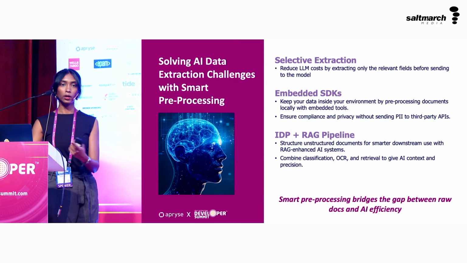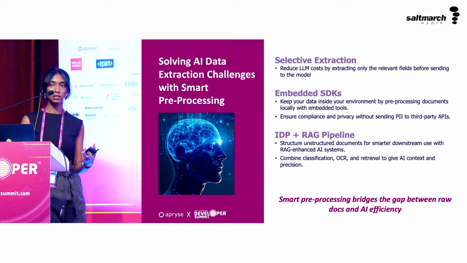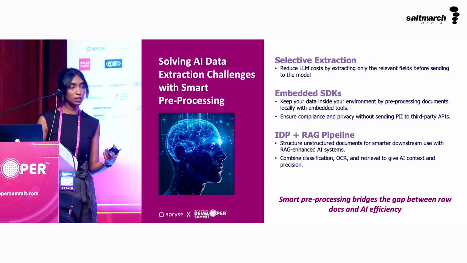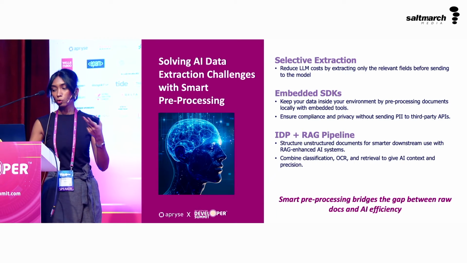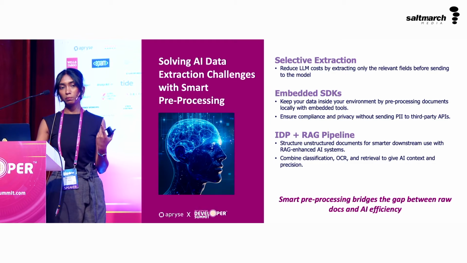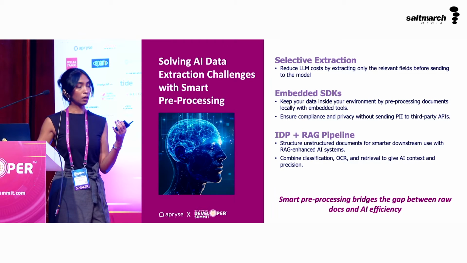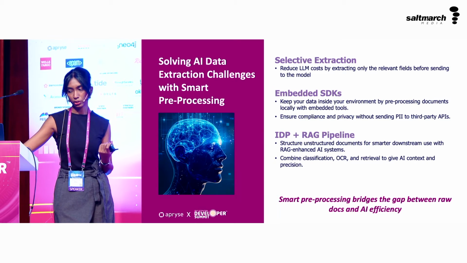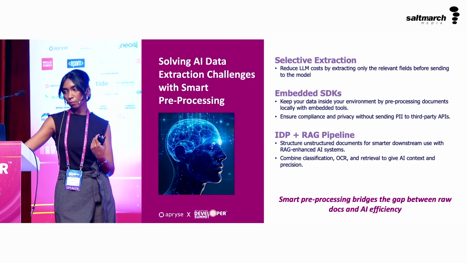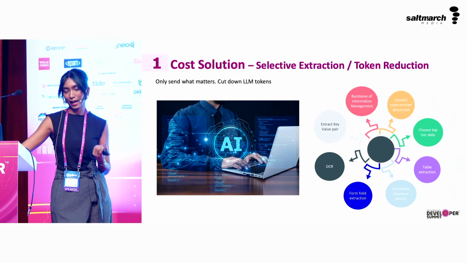Then we want to embed any SDKs, so we don't use third-party training and third-party products, which can expose our data. Thirdly, we may want to couple the IDP products and the RAG pipeline to make this all more efficient.